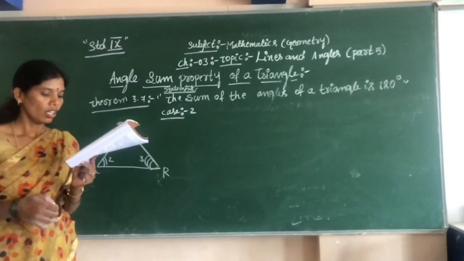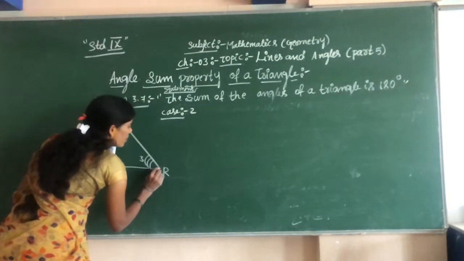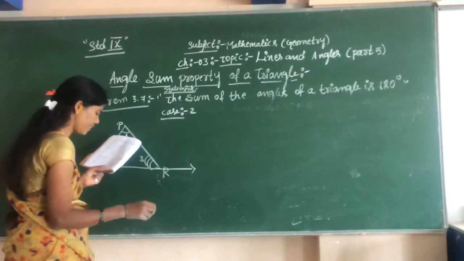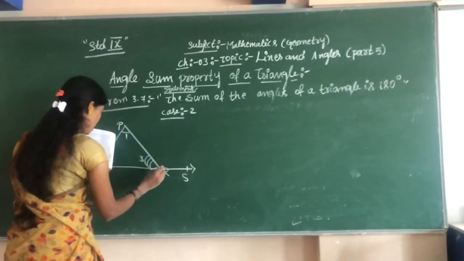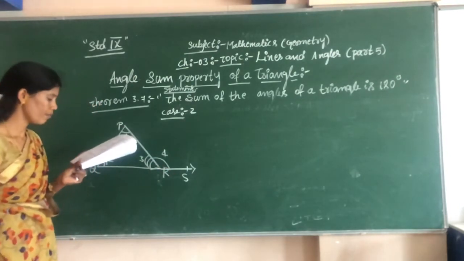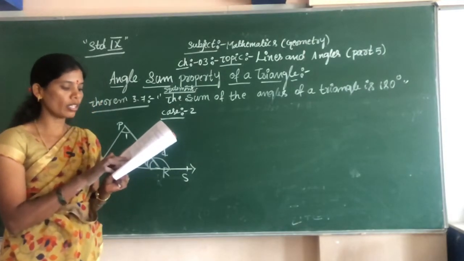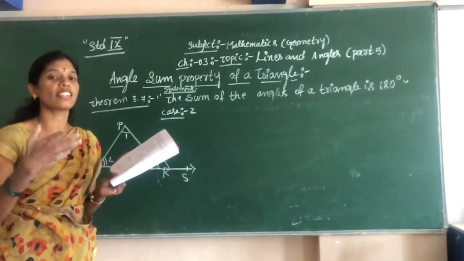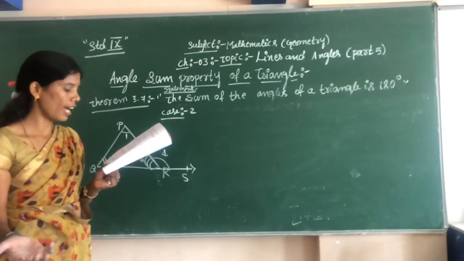Here, side QR is extended and the point is named S. This is the exterior angle, angle 4. You all studied the formation of exterior angles in earlier classes; exterior means outside the triangle.